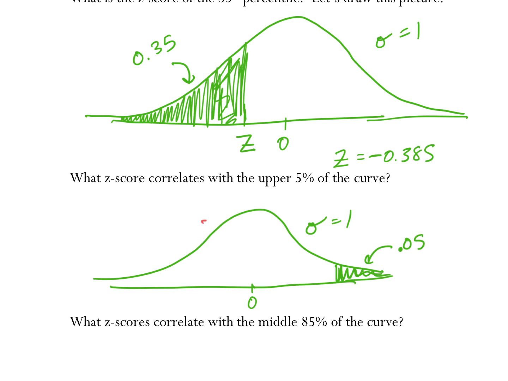So you guys are going to do the inverse norm of 0.95 instead of 0.05, because in here we knew the left-hand area. Your calculator only does left hand.